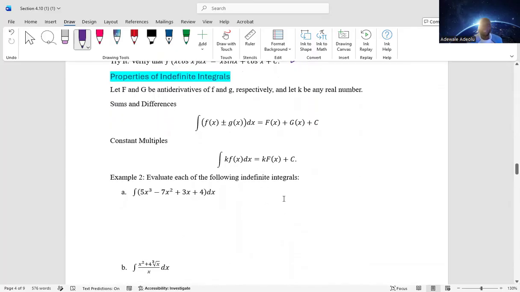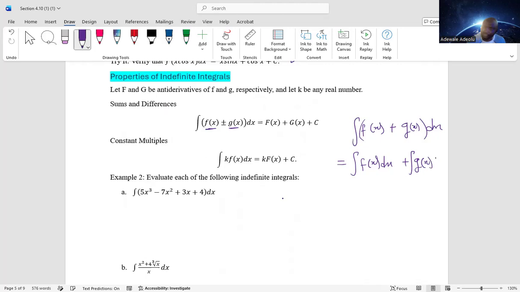Okay. Now, let us learn some properties of indefinite integrals. Very simple, just like we have learned with continuity, with differentiation, and even with limits. Here as well, same thing. If we have two functions and we want to add or subtract them under the integral, no problem. You can separate it: the integral of f of x dx plus the integral of g of x dx.